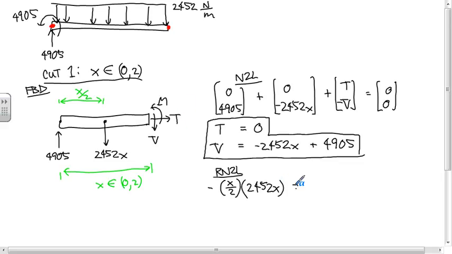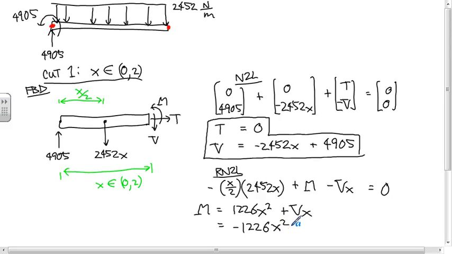Then we have the couple. Then we have minus Vx is equal to 0. And so M is equal to positive 1226x squared plus Vx. Vx is negative 2452x squared plus 4905x. So you get negative 1226x squared plus 4905x.